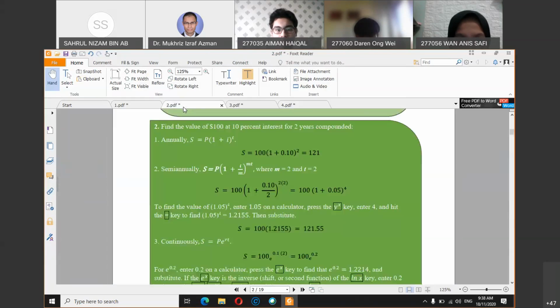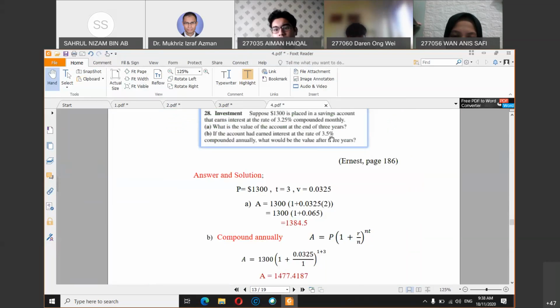If you look at this formula, annually is simply P times 1 plus I to the power of T, right? You divide by n if, let's say, semi-annual, meaning twice a year. So the interest is divided into 2, meaning 2 times a year. If you pay 4 times a year, then divide by 4. But in this one, 3.5 is given yearly.